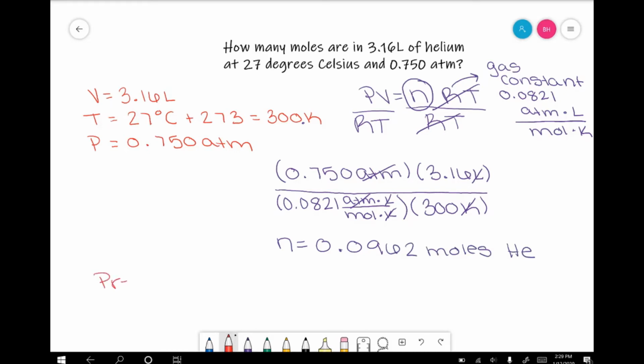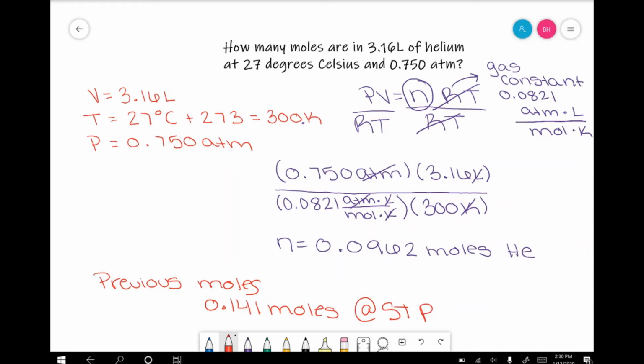Now, if we compare that to our previous problem, in the previous problem, our amount of moles was actually different. It was 0.141 moles, and that was at STP. So notice that there is a significant difference between these two values when we're talking about something at STP and something that is not at STP.